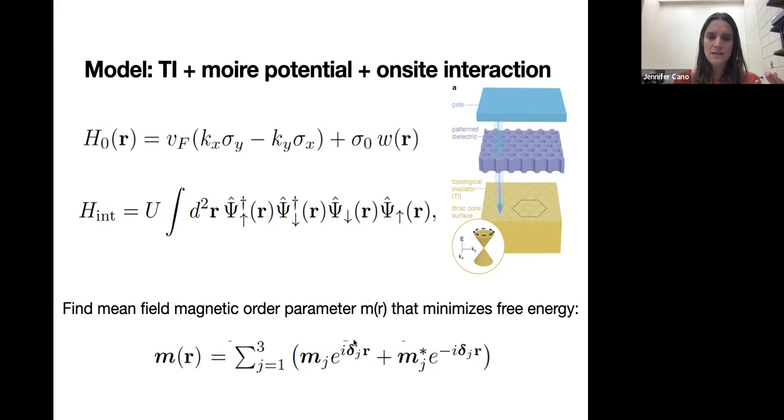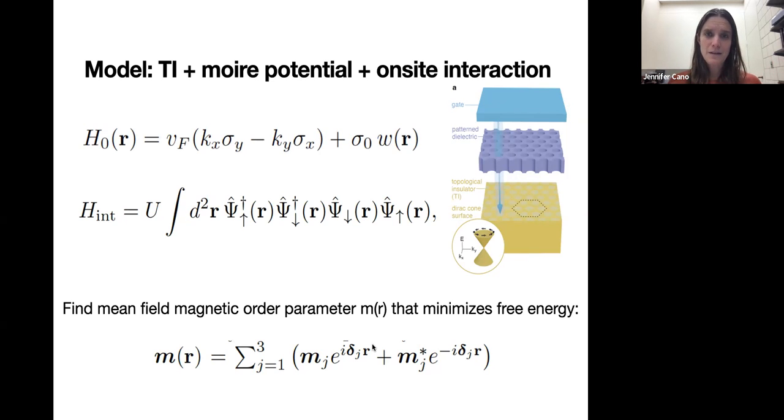But in addition, we have these 3 different nesting vectors, delta 1, delta 2, delta 3, that connect the K and K prime points. So in total, there's 9 different parameters that we can optimize in order to minimize the total energy at the mean field level of this Hamiltonian. So that's the thing that we want to do.